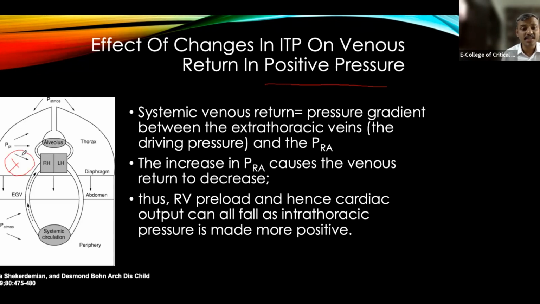Pressure is increased in the intrathoracic space, so right atrial pressure also becomes more positive. Venous return is reduced because right atrial pressure is positive now. Are you getting this point? Thus right ventricular preload, and hence cardiac output, decreases as intrathoracic pressure becomes more positive. The moment intrathoracic pressure is more positive, venous return reduces.